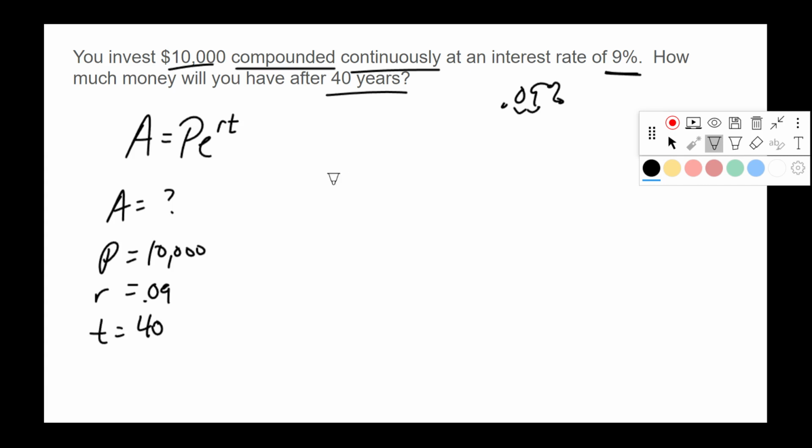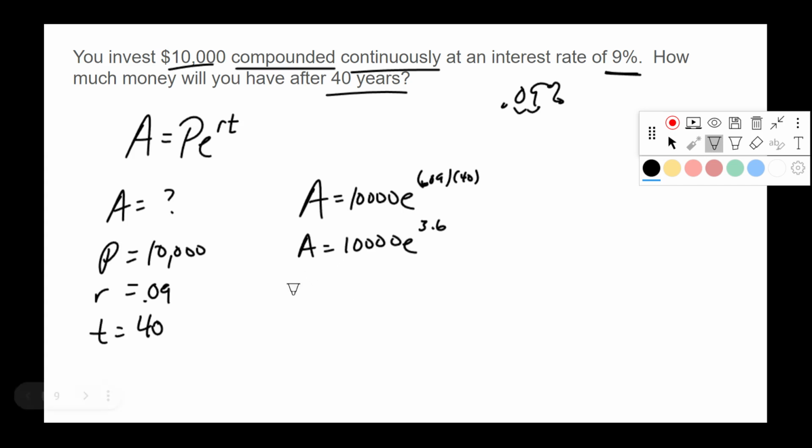All right, so we're going to take these numbers and plug them in. Whoops, we're not going to plug in P, we're going to plug in a number for that. 10,000 E to the 0.09 times 40. Again, I'll give you the same advice. I would take the 0.09 and multiply by the 40 first. You get 3.6, and then take 10,000 times e to the 3.6 power and type it into the calculator.